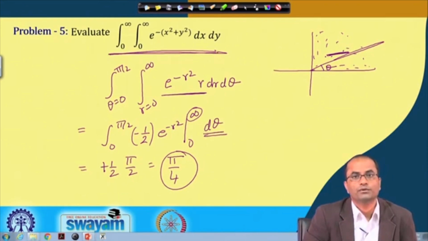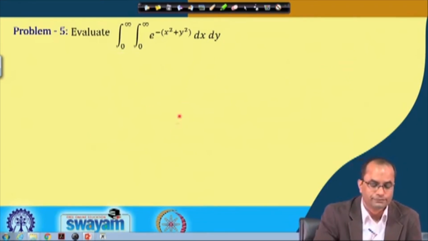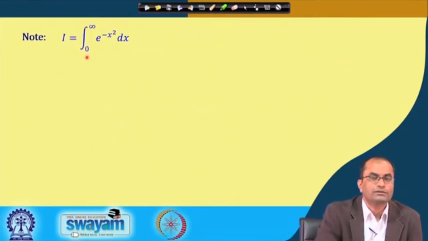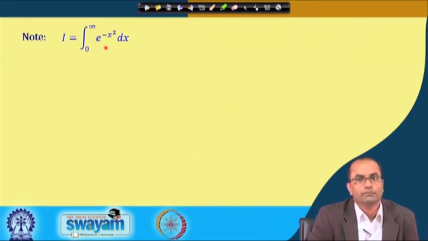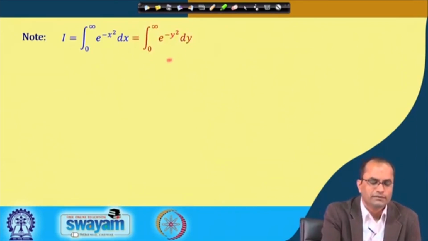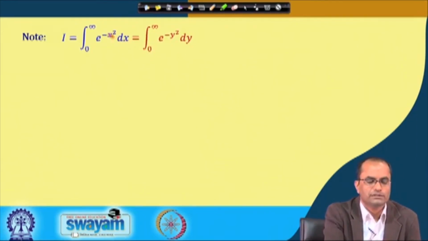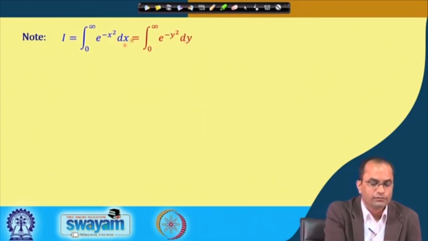This is very simple when we use the polar coordinates, but it is very difficult if we try to do it in Cartesian coordinates. Here, just a note, based on the above example: if we consider this I, the integral from 0 to infinity of e power minus x square dx, which is equal to another integral I am considering in terms of y. Just the integration variable is renamed to y, but it does not matter, the value will be the same.